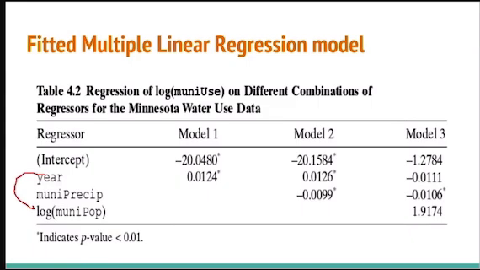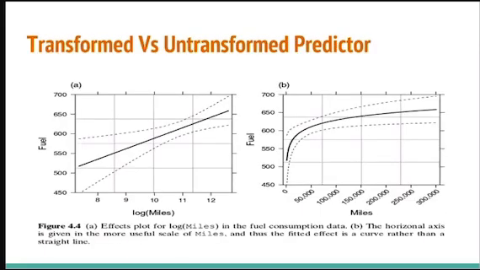I'm only trying to show you right now, where the response variable is log and one of the predictors is also log, how we can interpret. The essence of logarithm I'm going to tell you in another example, where I'm considering the effects of prices on fuel.